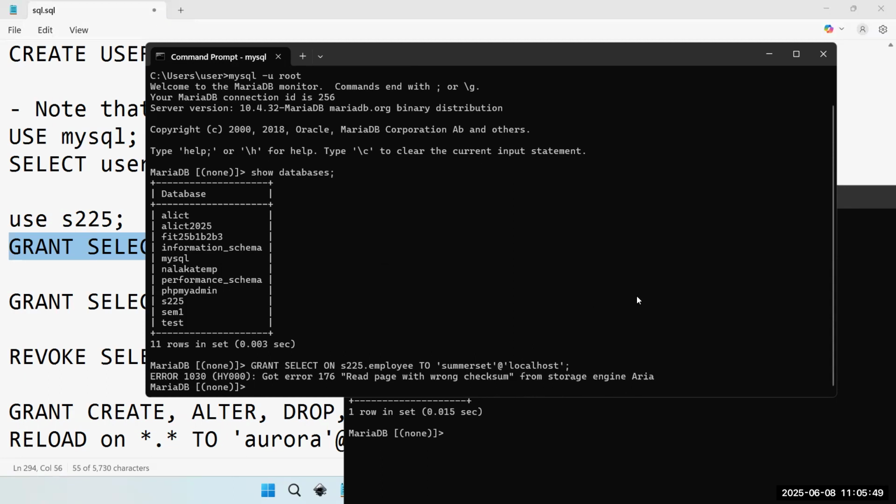Why is that? Grant. Wrong checksum. Somerset, is the spelling correct?